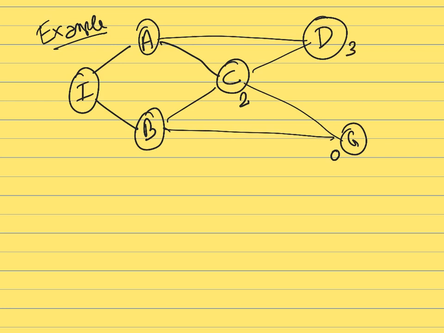Let's assume that the distance of the state D from the goal would be 3. Let's assume that the distance of B from the goal would be 3 as well, that the distance of A from the goal would be 4, and that the distance of the initial state from the goal would be 5. So here this map is clearly not at scale, but let's just explore it as an example.